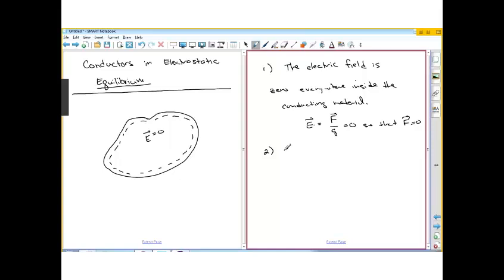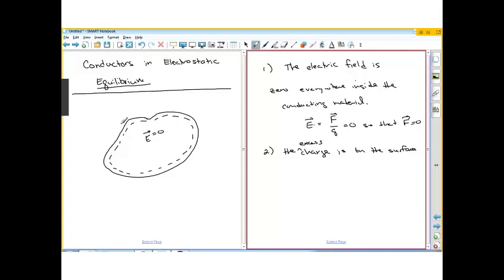The second one is that the excess charge is on the surface. We just talked about that one. Why is that? I always use the analogy of people that have an odor, but they can't smell. They have an odor, they don't know they have an odor, and they think everybody else has an odor.